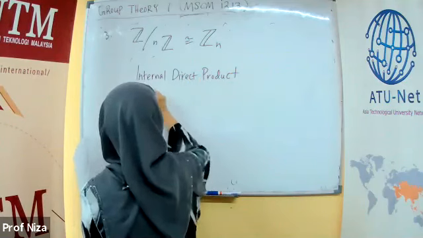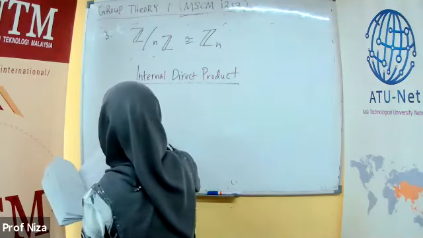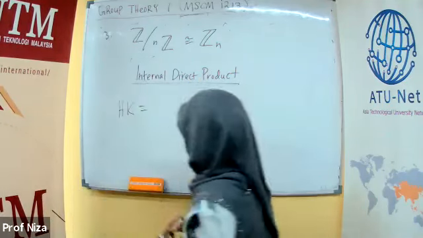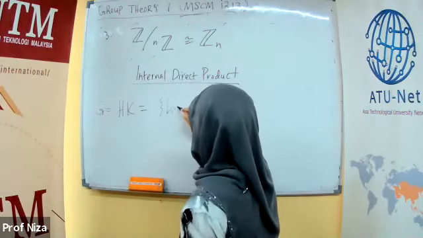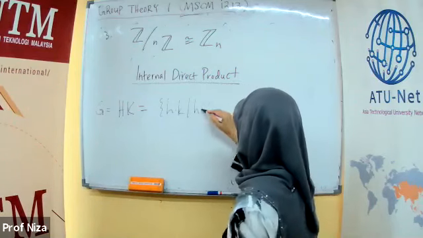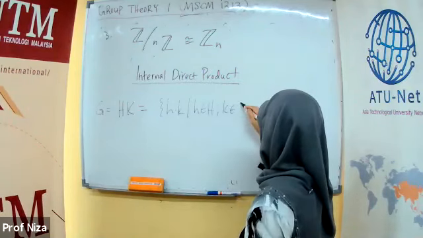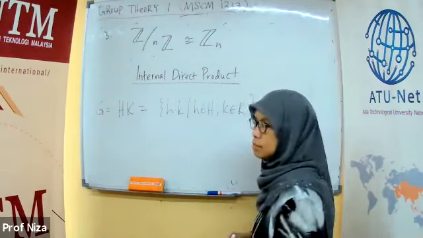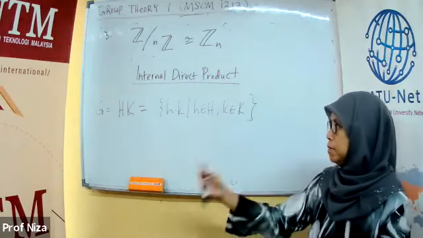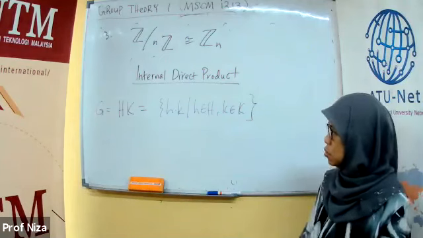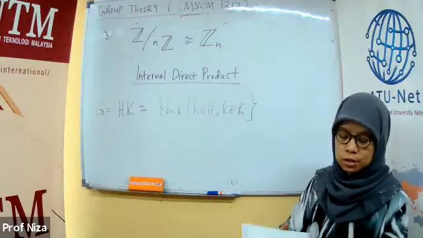First, we define what is HK. It's just h times k, h in H, k in K. Sometimes when you multiply, it's not the whole G. But if G is a product of 2 subgroups, you multiply, you get the whole G.